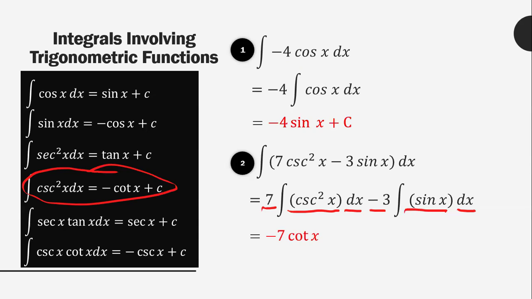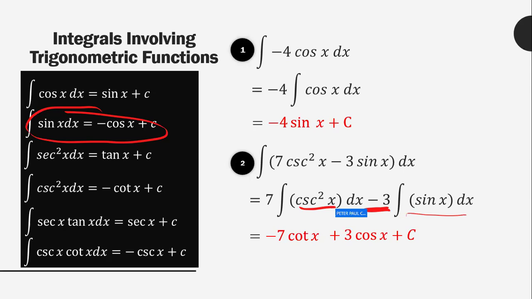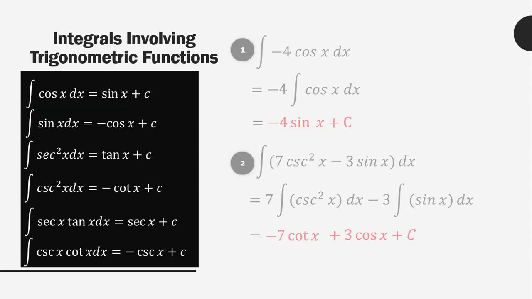And then we use the formula for sine x, that is a negative cosine x. So this negative 3 will be multiplied by a negative sign, so that becomes a positive 3 cosine x plus c. So you see, there is a changing of sign, because of the negative symbol of those integrals. A positive 7 becomes negative 7, and your negative 3 becomes positive 3.